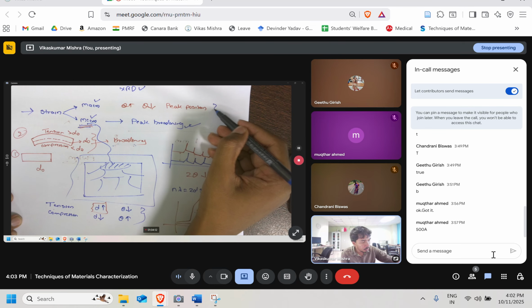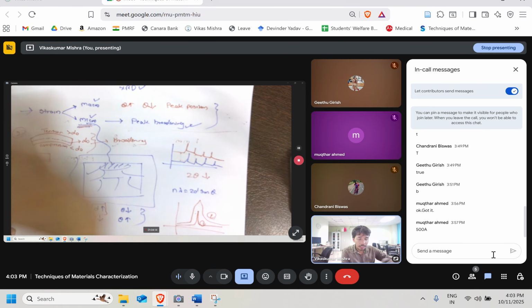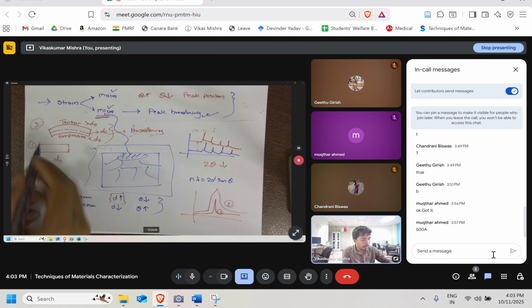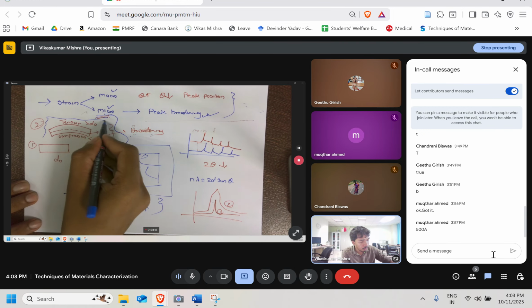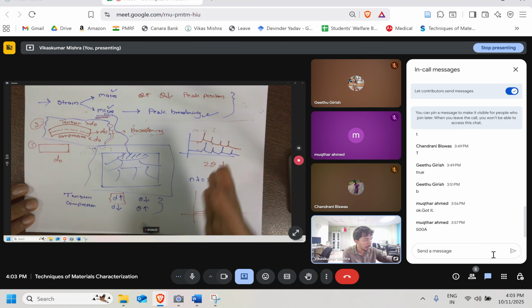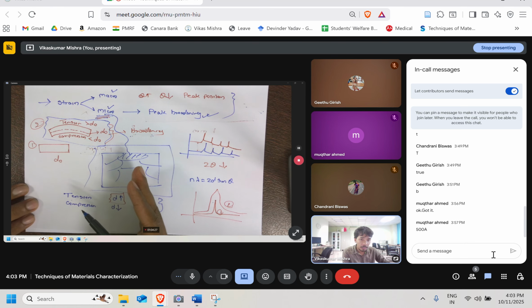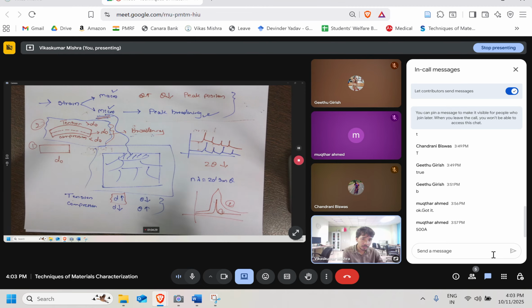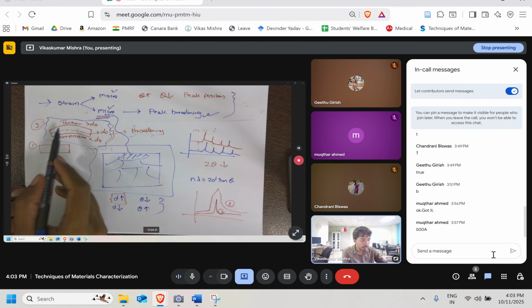So we need to remember these two parts. If your entire specimen is under tension and compression, on an average they are going to cancel out with each other. It might be possible that there is no shift in the peak position, and you will think that there is no strain, but if there is broadening, then the strain is there.